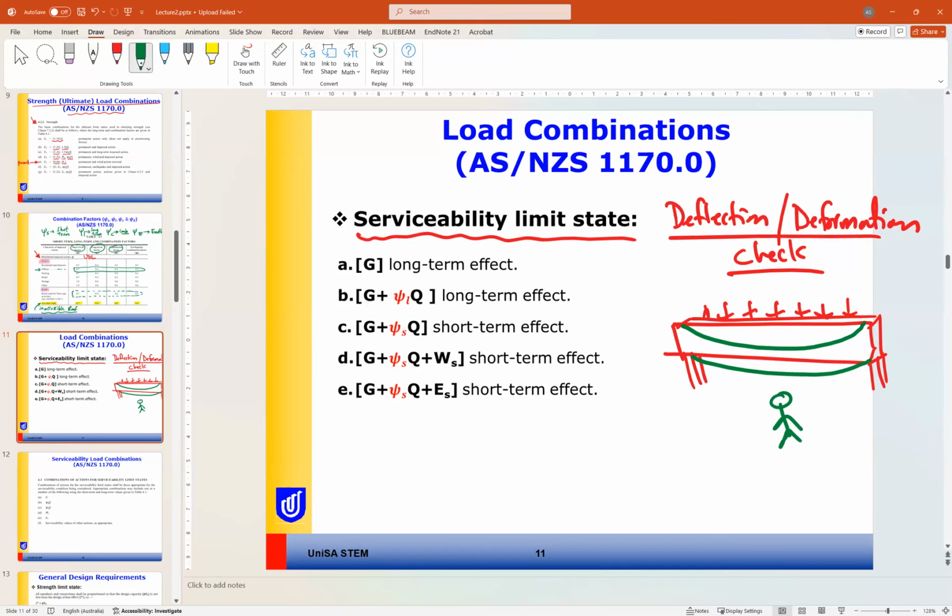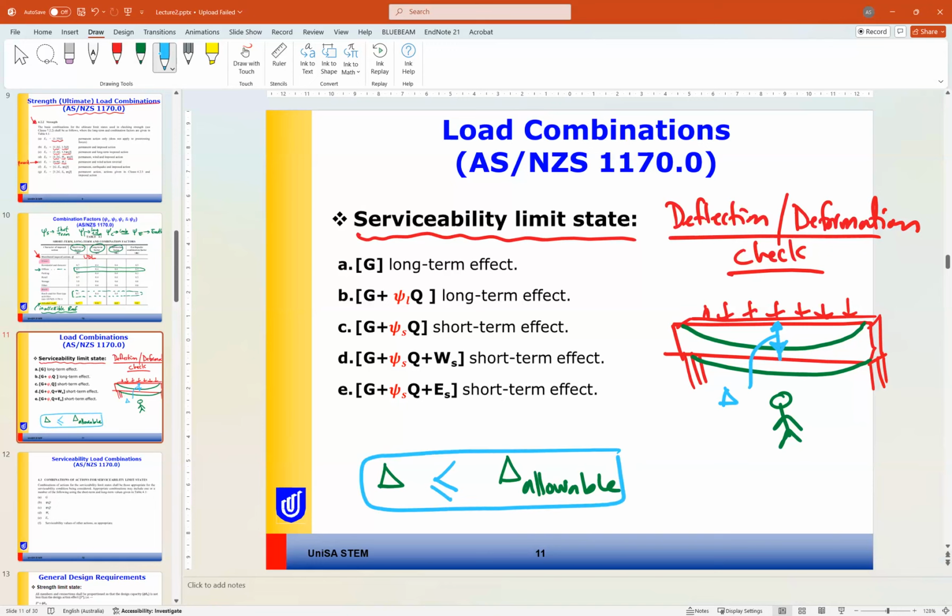So it is also part of our design, the serviceability or the look of the elements, and the standard gives us a limit, which is the allowable limit. Our deflection or deformation, like this here, should be less than or equal to the allowable limit, so that the building and the people feel safe under the building. These combinations are G for the long-term dead load effect, and G plus psi L Q for long-term effect.